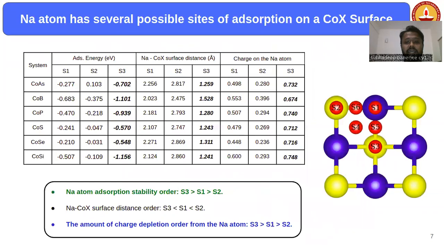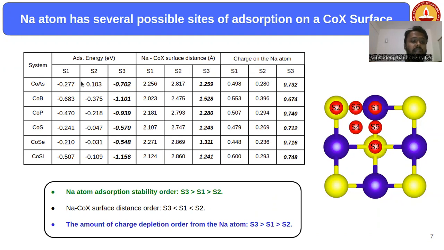Next, to check their affinity towards the sodium metal atom, we performed the adsorption study. Based on the geometry of the structure, we observed 6 possible adsorption sites, shown here from S1 to S6. Among these, only 3 sites, S1, S2 and S3, are stable sites for sodium atom adsorption.